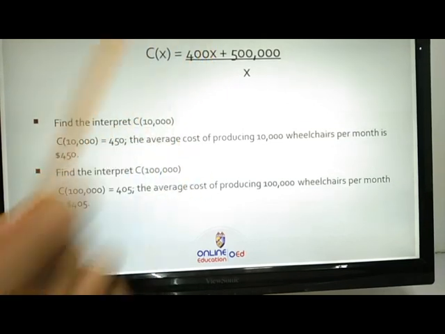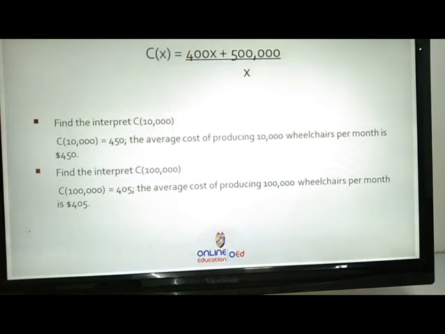You have to substitute 10,000 for x and then multiply by 400 plus 500,000 divided by 10,000. So find and interpret the 100,000. So if C of 100,000, that is equal to 405. So the average cost of producing 100,000 wheelchairs per month is $405.